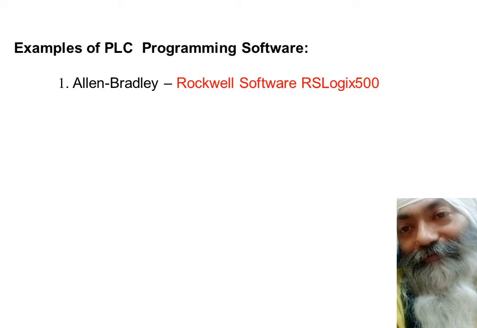This is something beautiful which I think you all can download on your laptops as a simulator and start working on right away. This is Rockwell software. RS is for Rockwell Software. RSLogix 500 is the latest, currently working programming software for Allen-Bradley.